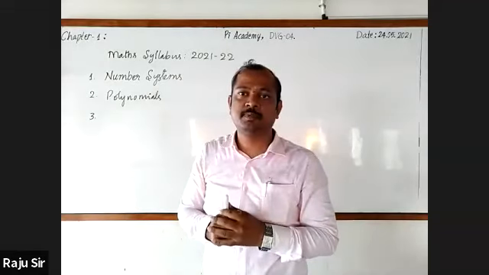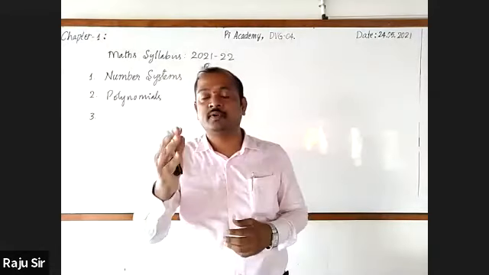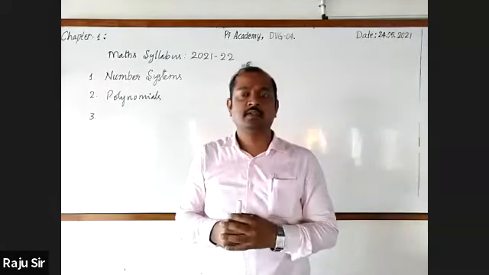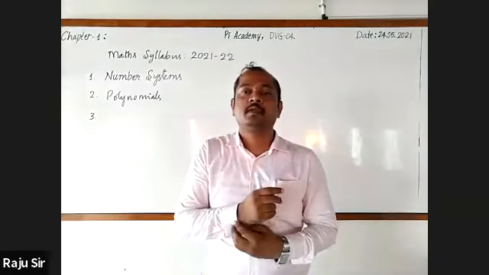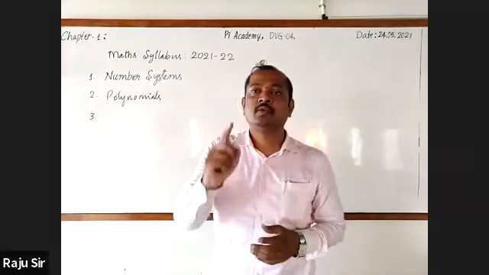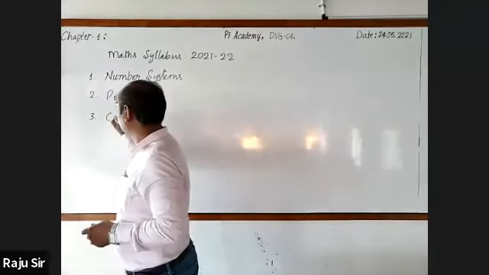And this Cartesian plane was introduced by René Descartes. Is it not? Which you have learned in your previous class. So with respect to this Cartesian plane, we have a chapter that is called coordinate geometry. Right. And one, coordinate geometry.